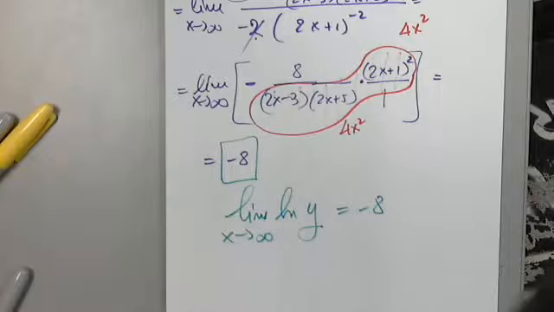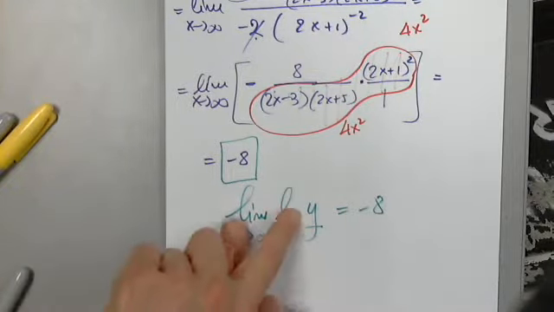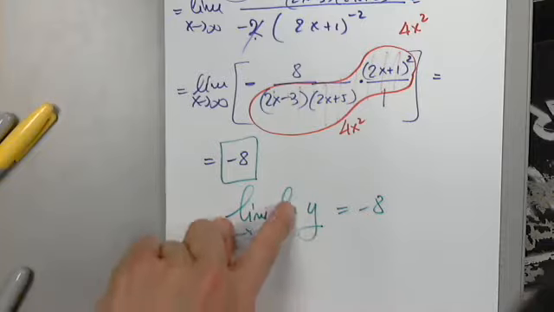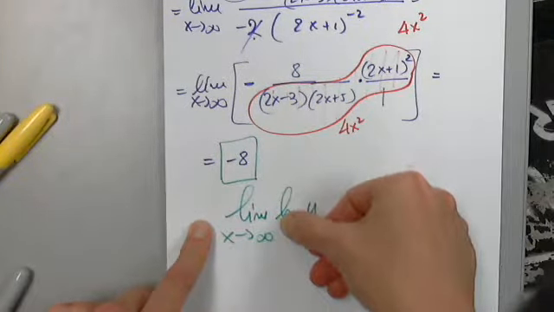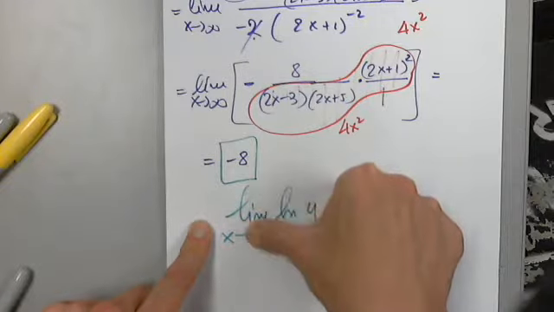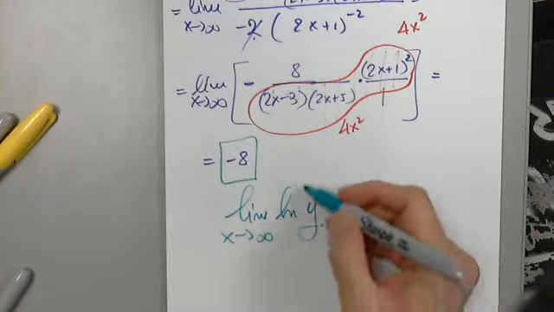There is a theorem that I warned you about a long time ago in which I said, if this function is continuous, I'm allowed to swap the operators. This is an operator called natural log, this is another operator, limit. We applied natural log to both sides, we applied the limit to both sides. They're both operators, so we can swap only if this function is continuous.